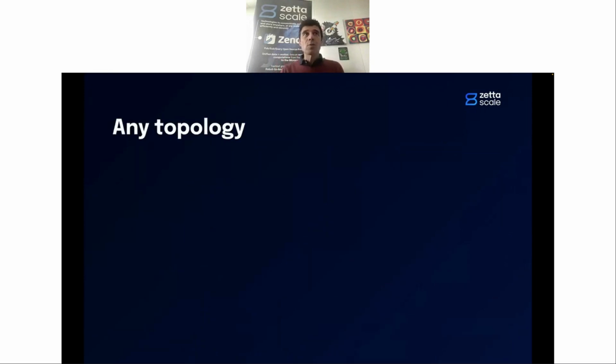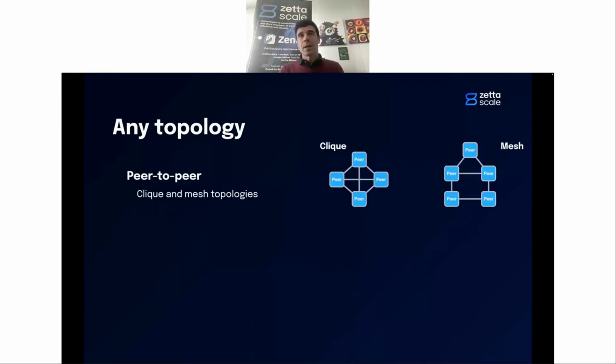So Zenoh also works essentially across any kind of topology. In Zenoh, we support peer-to-peer. And by the way, most of the technologies that claim to support peer-to-peer support a specific case of peer-to-peer topology, which is the clique.